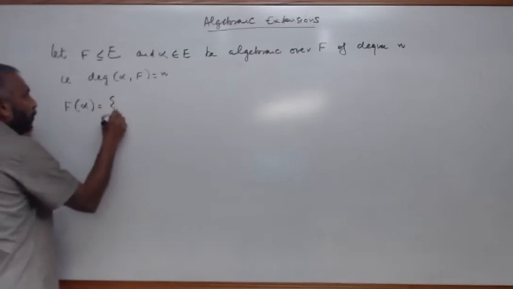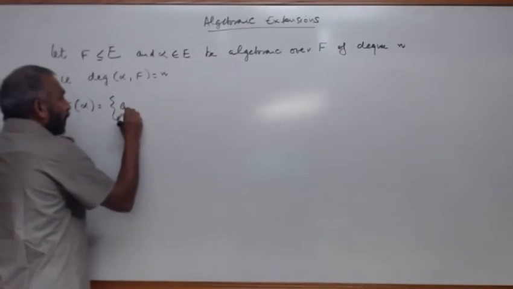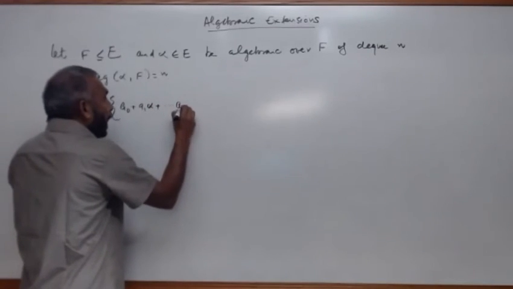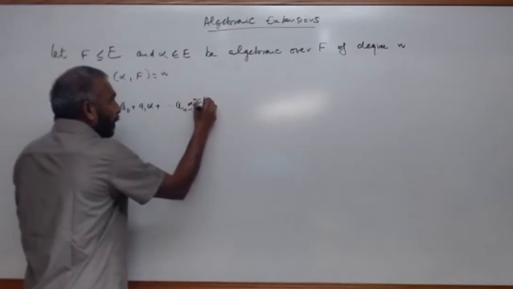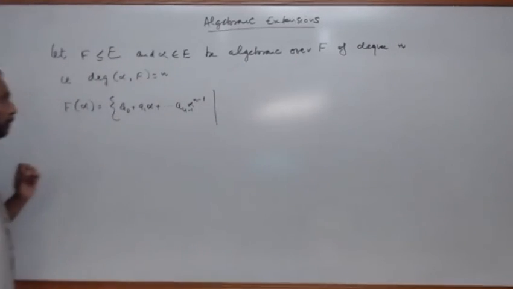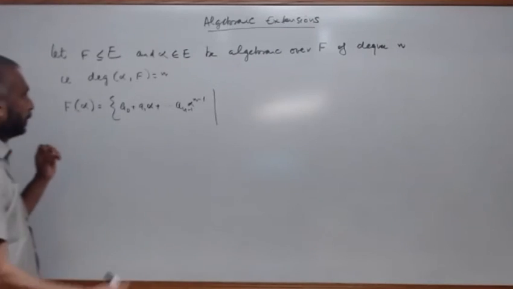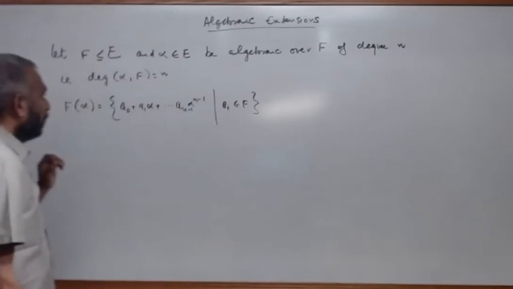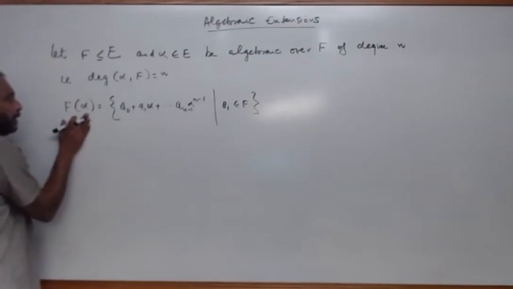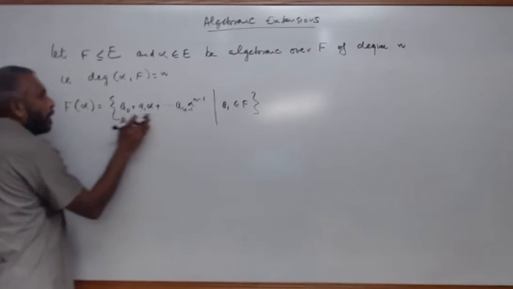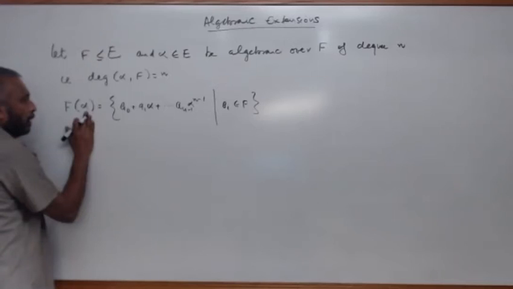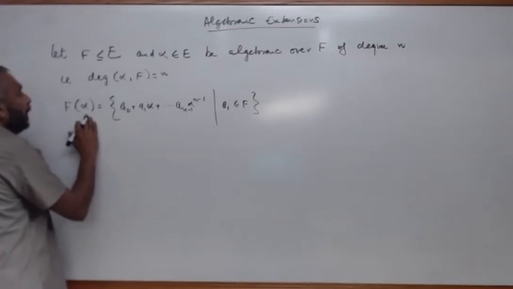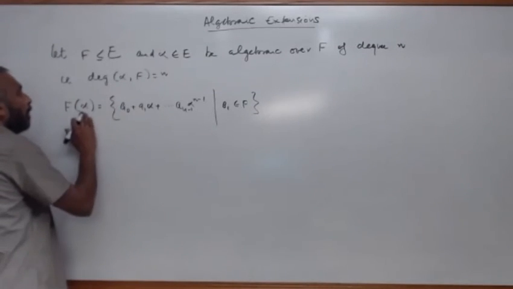This is actually equal to a0 plus a1 alpha plus ... plus a(n-1) alpha to the power of n minus 1, with ai in F. So F(alpha) contains polynomials in alpha with degree less than the degree of the irreducible polynomial of alpha over F.